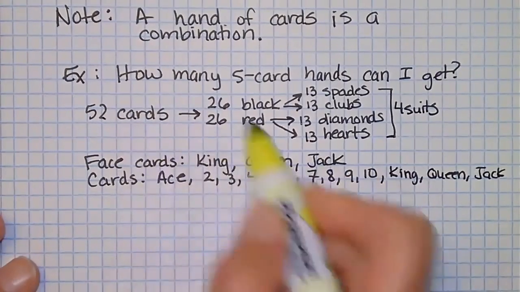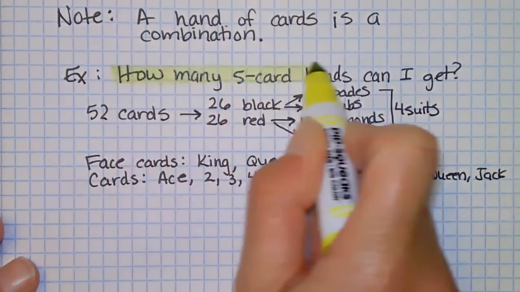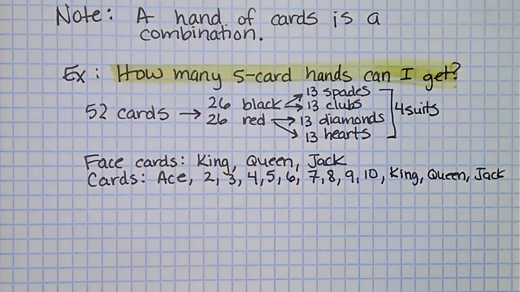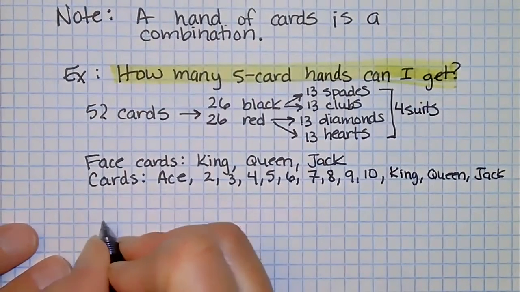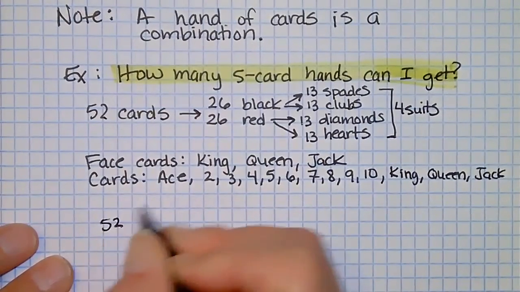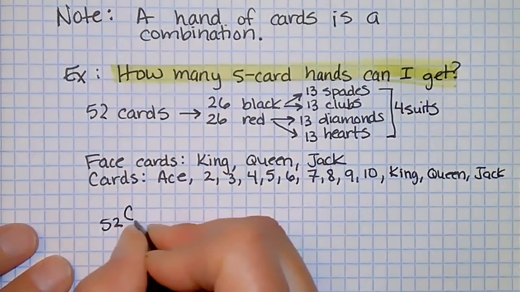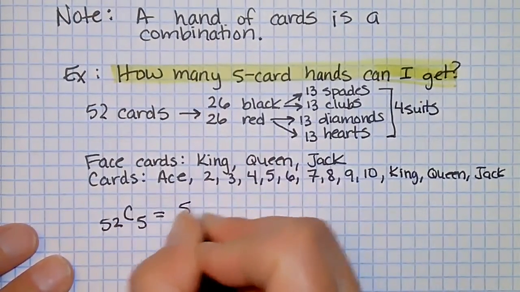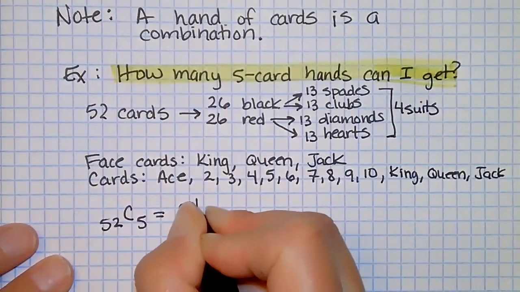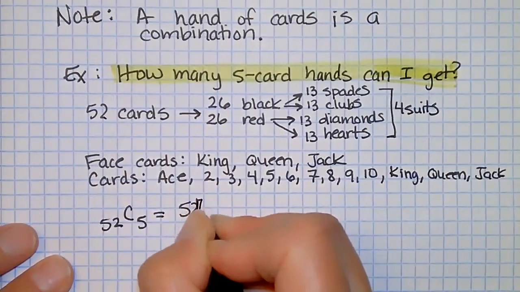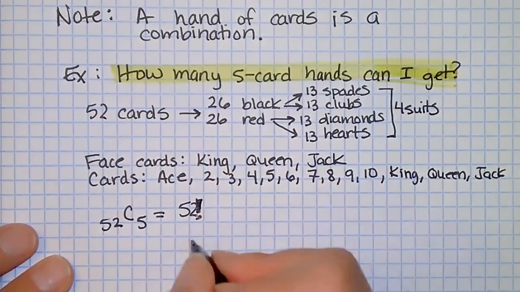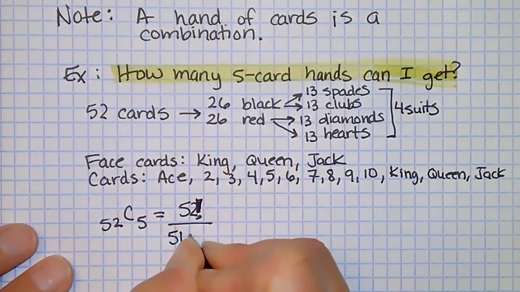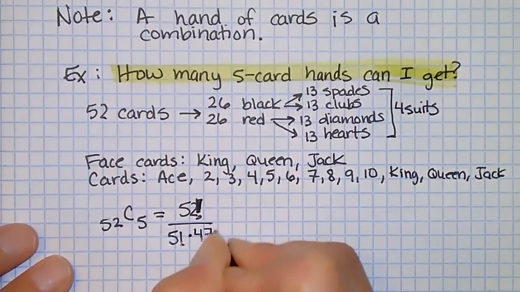So now that we know all about the different types of cards, the question was, how many 5-card hands can I get? And since order doesn't matter, we are going to take how many cards there are, which are 52, choose how many cards we want, which is 5. And again, practicing writing it in factorial form, 52 factorial over 5 factorial times 47 factorial.